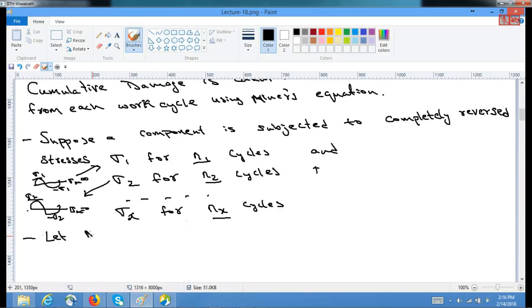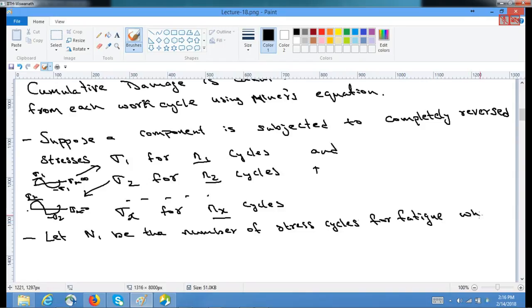So let capital N1 be the number of stress cycles for fatigue when only sigma 1 is acting.